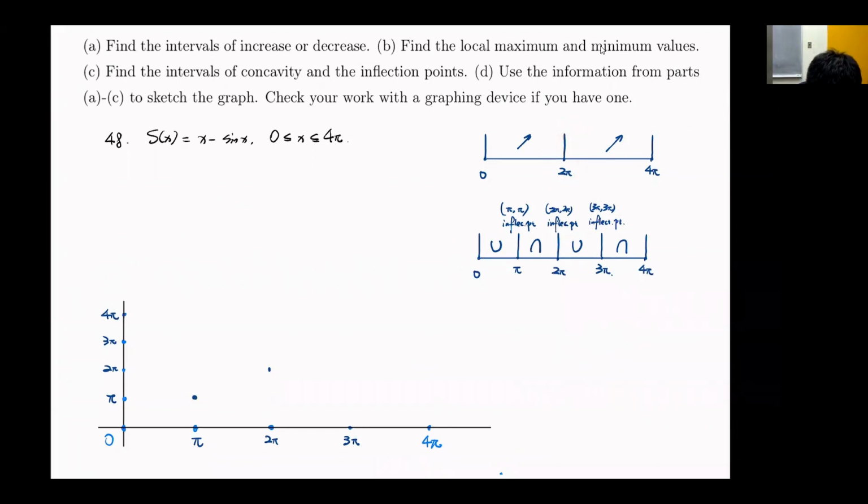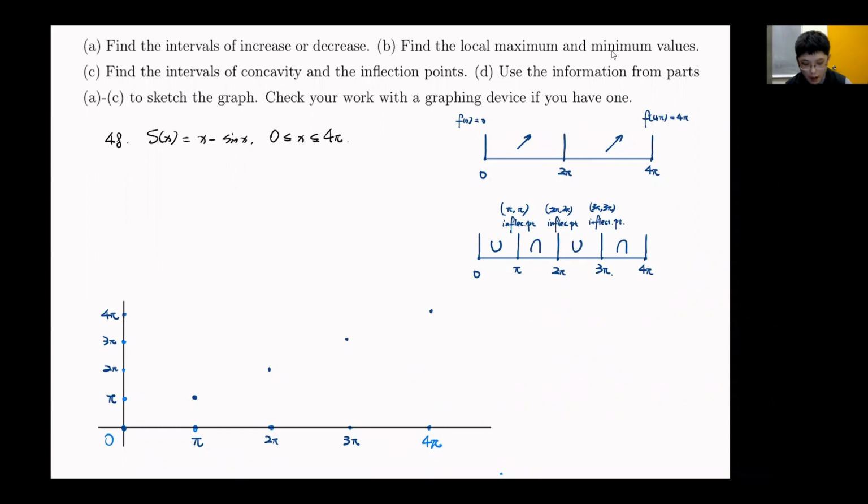Then you have another inflection point, namely at 3 pi. And finally, if you also compute the function value at the endpoints, f of 0 is clearly 0, and f of 4 pi is clearly 4 pi. So 0, 0, namely the origin over here, and 4 pi, which is roughly here.